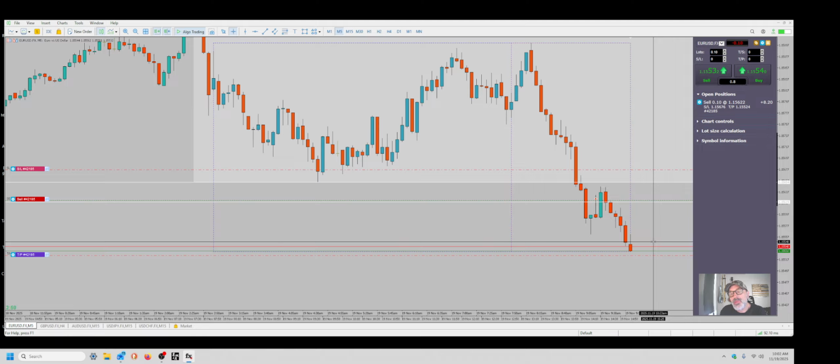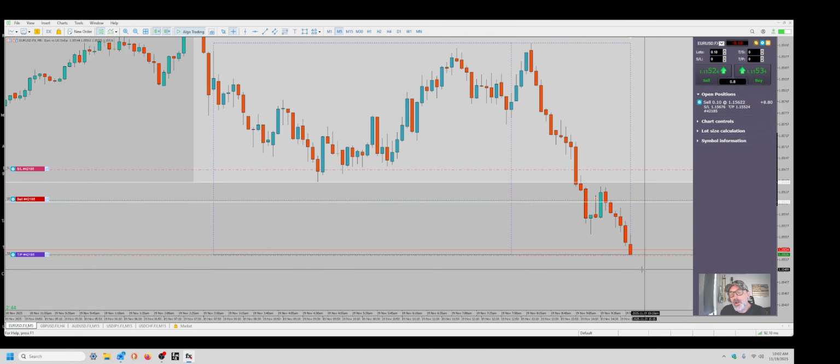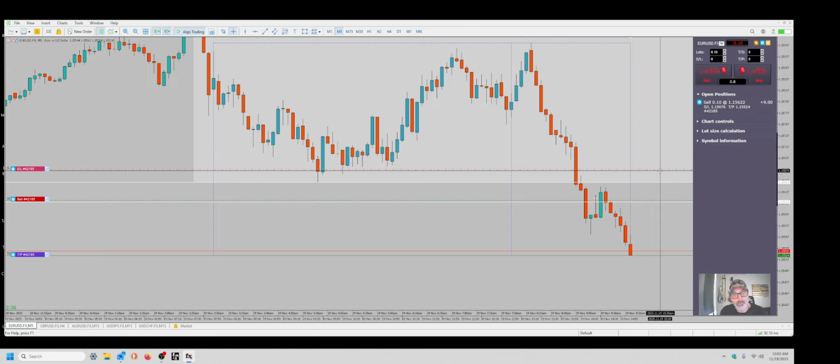It doesn't matter now because I'm in the positive. If we came back up and my stop was here, I don't want it to shoot up completely as a fast move up.